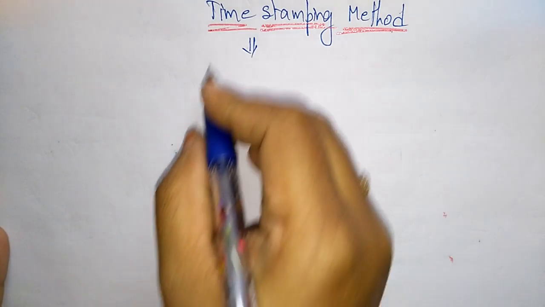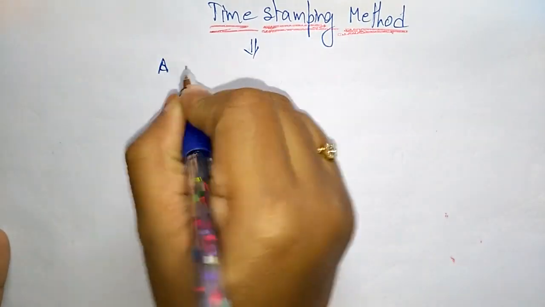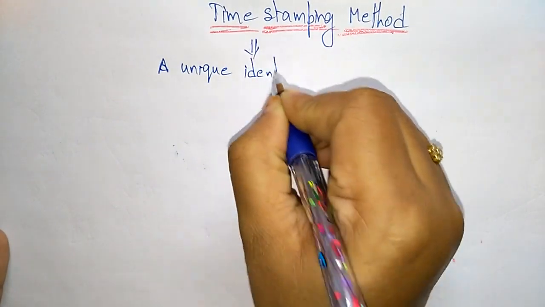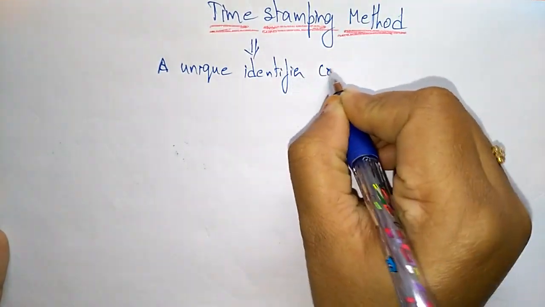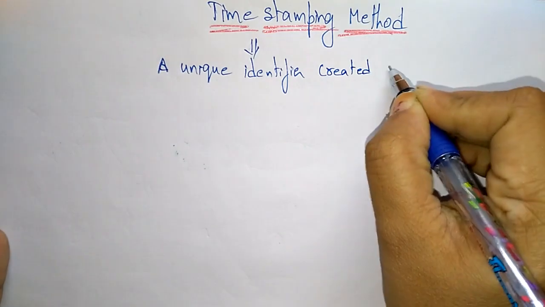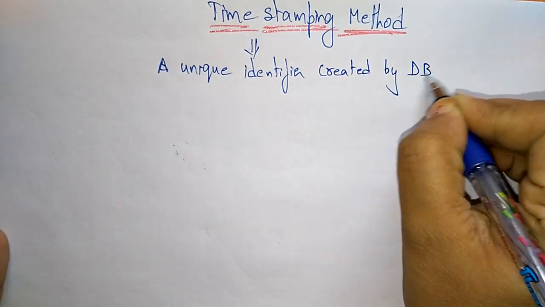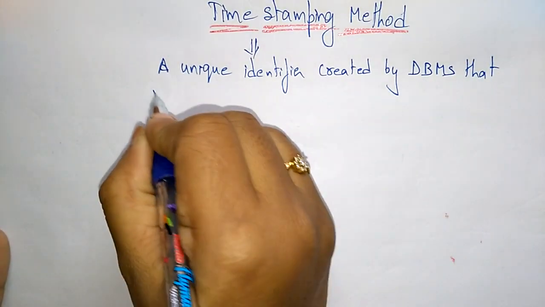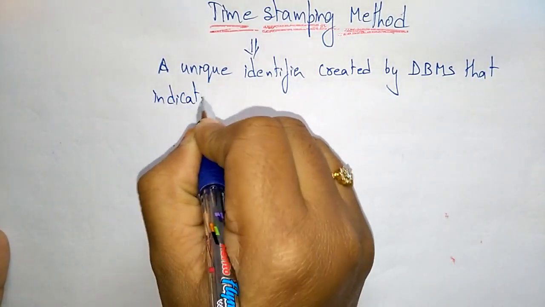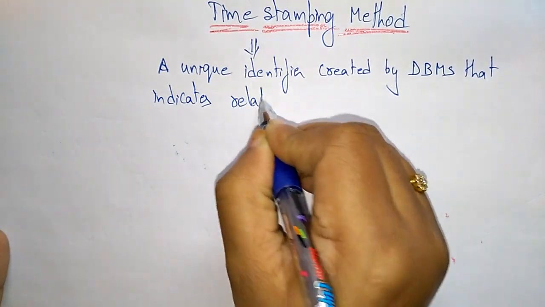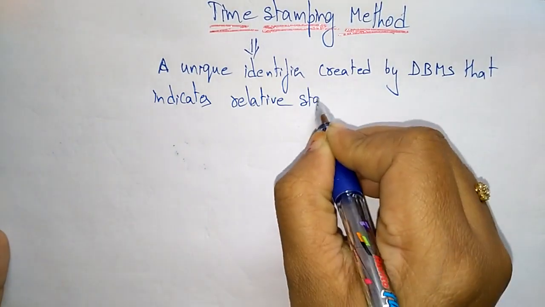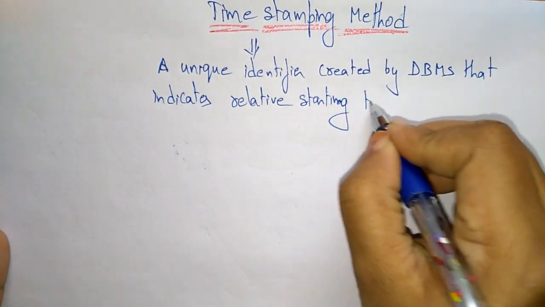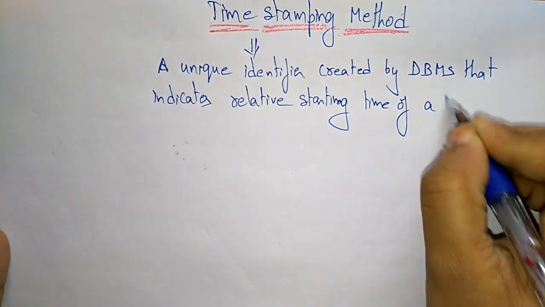Actually, a time stamp is a unique identifier created by the database management system that indicates the relative starting time of a transaction.